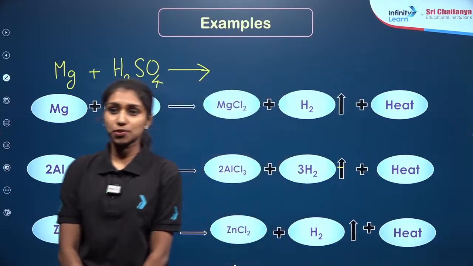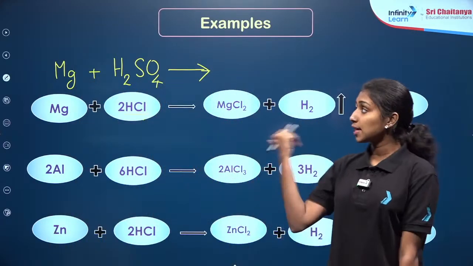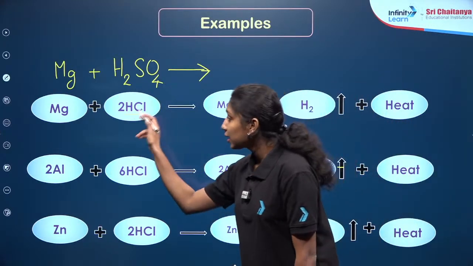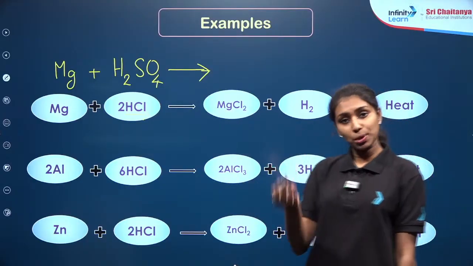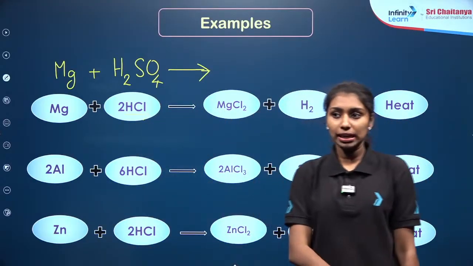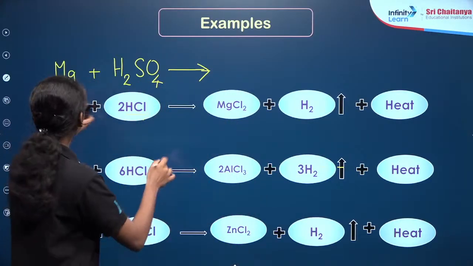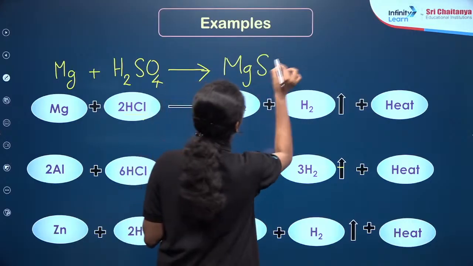Mg plus H2SO4. As we have already seen, whenever we are treating metals with sulfuric acid or any acid, we will get the corresponding salt. If we are taking HCl, hydrochloric acid, we will get the chloride. Similarly, if you are taking H2SO4, we will get the sulfate salt. You will get the answer as MgSO4.